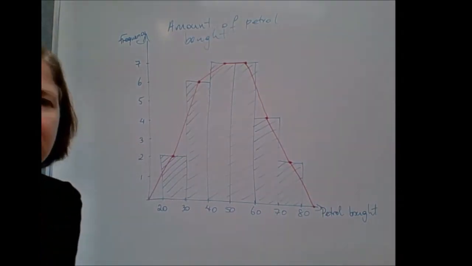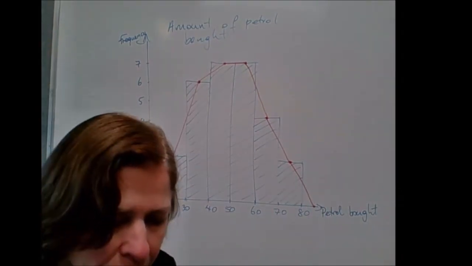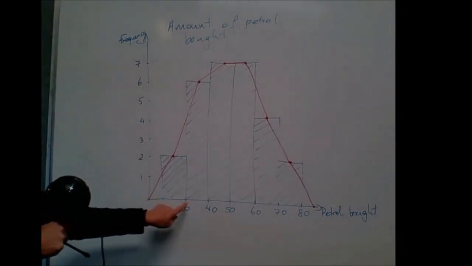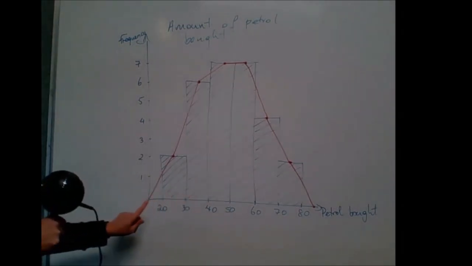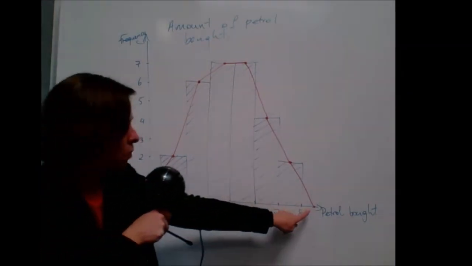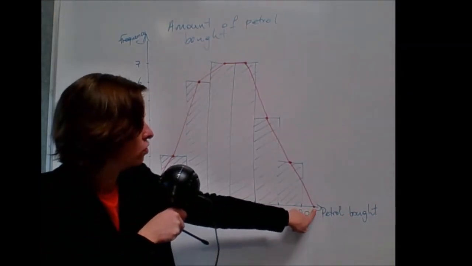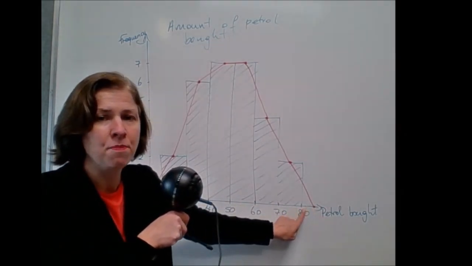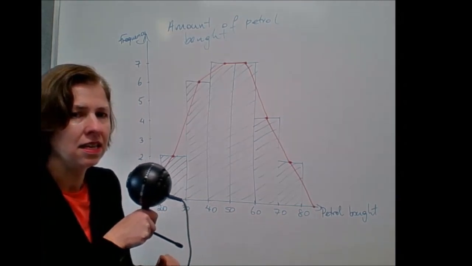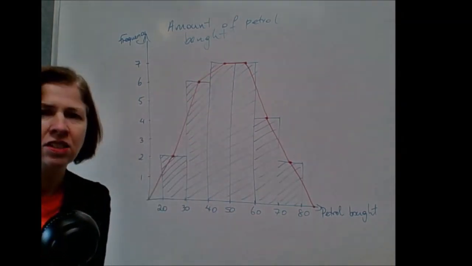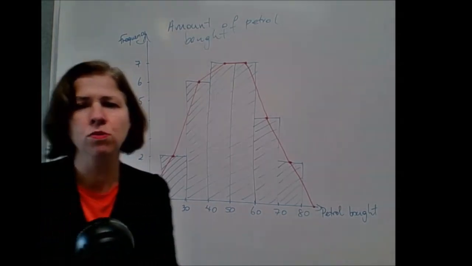One of the reasons why you really need to leave a half interval gap here, this gap is about half of a normal interval, is because that then is the midpoint of the previous column. Similarly, I join it on my x-axis over here, a half interval gap to the right. So there is a gap here between the 80 and this point here. Okay, so that's the blue shaded part, that's the histogram. The red line, that's the frequency polygon.